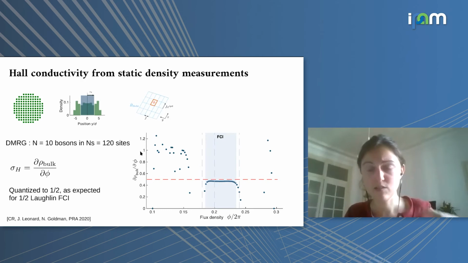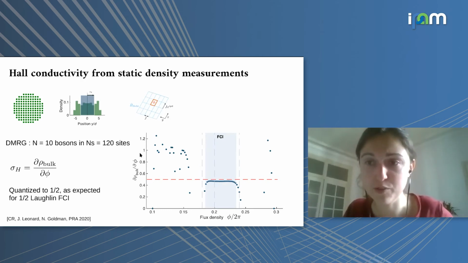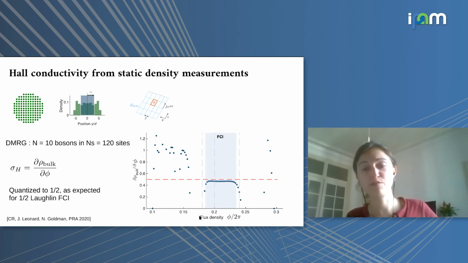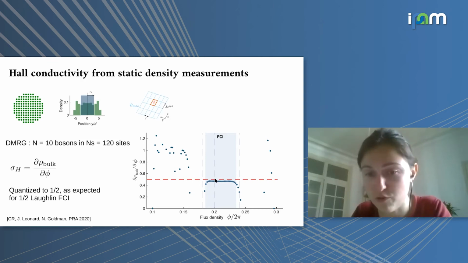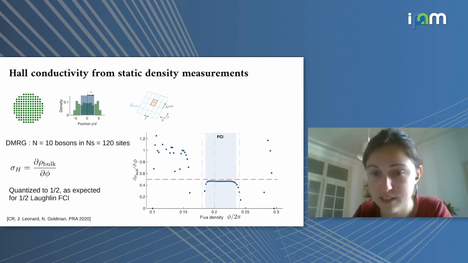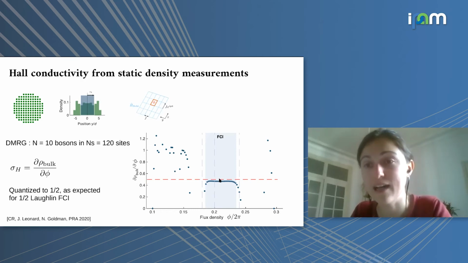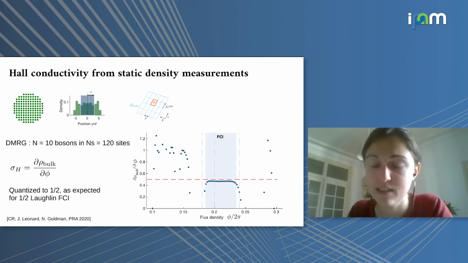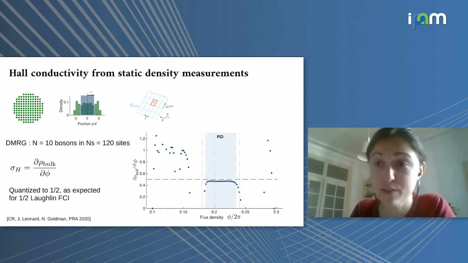This is the Hall conductivity as extracted from the Streda formula versus the flux in the Hofstadter model. And you see that there's a region where you have a plateau of the Hall conductivity, and this plateau happens to be very close to the quantized value 1/2, which is the value expected for this specific fractional Chern insulator, even for this relatively small system.